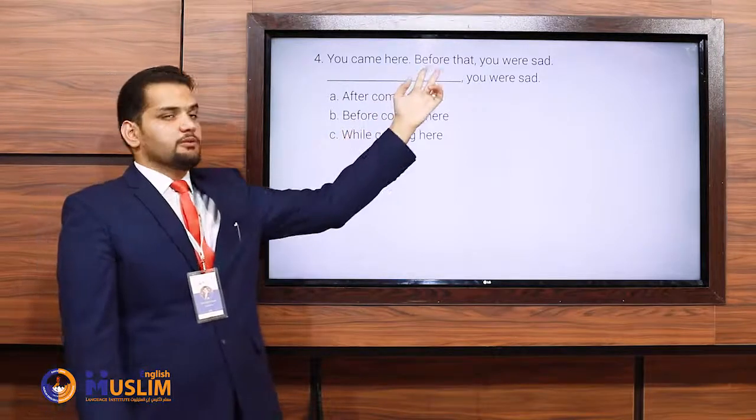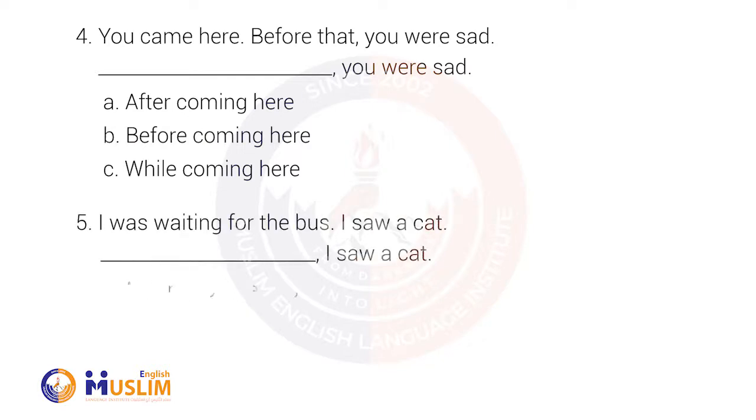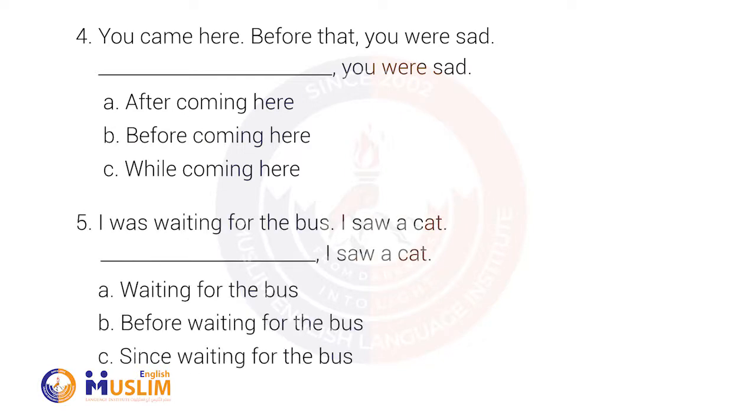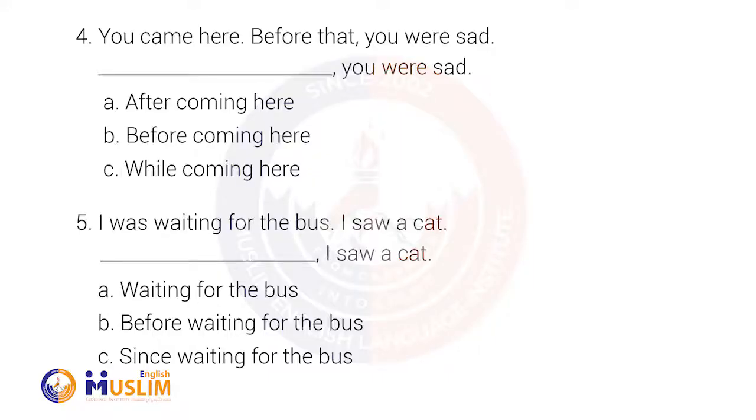If you look at the signal words before that, we can conclude that the correct option is B. Before coming here, you were sad. And the last one, do it please. Okay, I was waiting for the bus, I saw a cat. The correct option is waiting for the bus, I saw a cat.